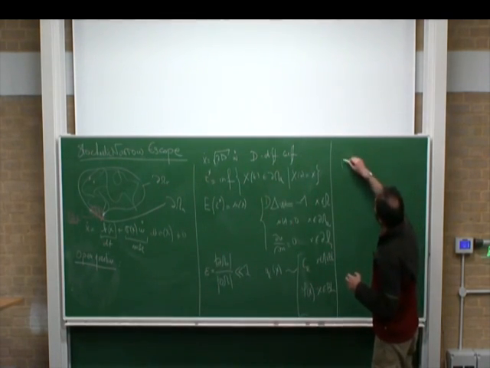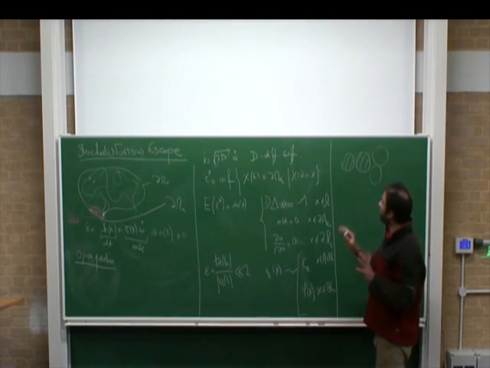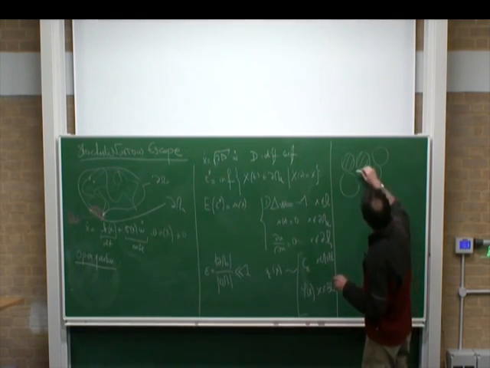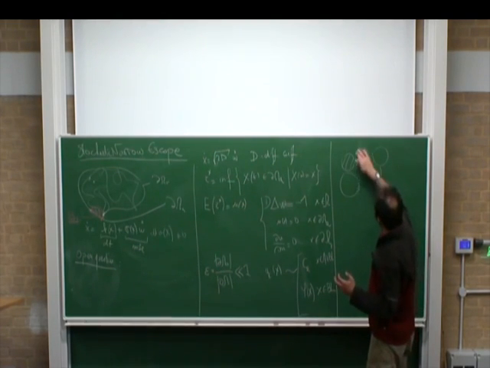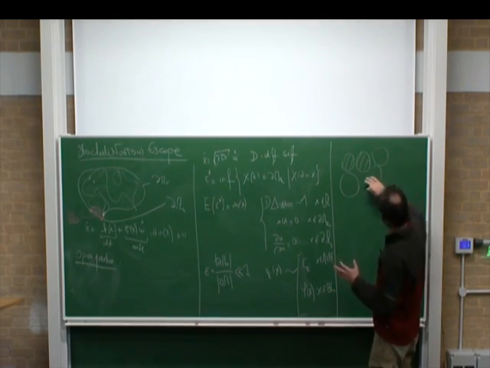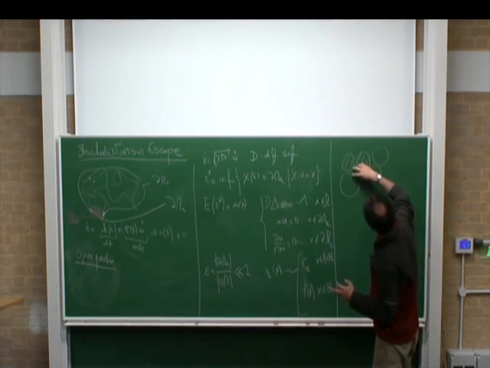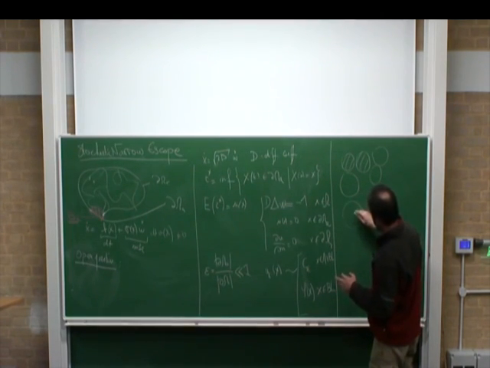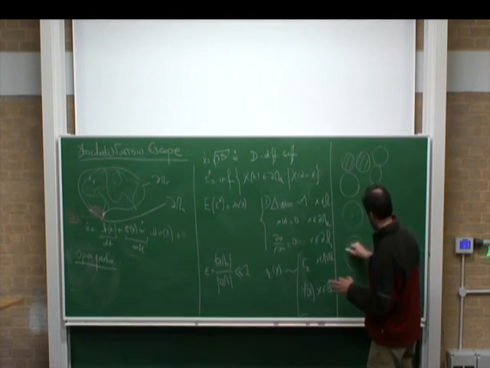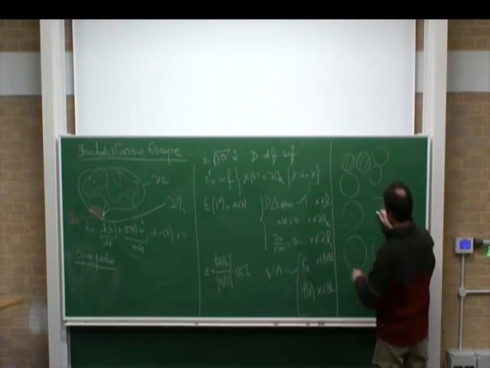This was a model for crowding. You have a cell crowded with obstacles. What is important are the big obstacles. The small ones are unimportant. And if you want to calculate how long it takes to go in between those obstacles, they have to go through this funnel. And so if you now go to a regular arrangement, you put the obstacles on a grid, like this. So now you imagine that you have a square lattice grid.